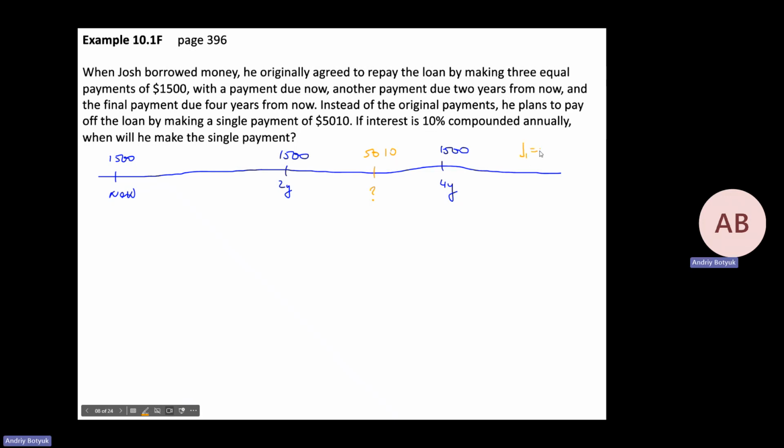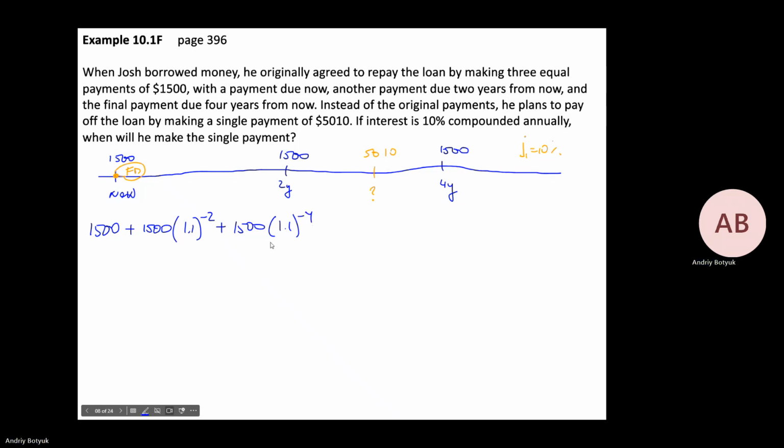So J1 is 10%. It means i is 0.1, right? Focal date is now. So what we do? We take 1,500. The first payment is already in the focal date, so I use it as is, plus 1,500 times 1.1 to the negative 2, plus 1,500 times 1.1 to the negative 4.